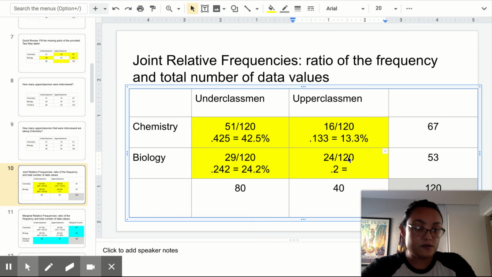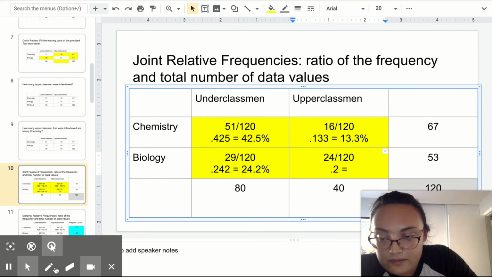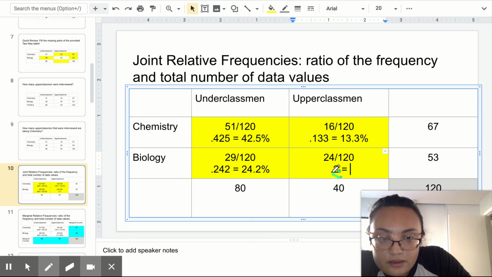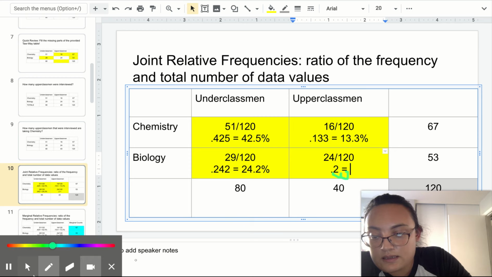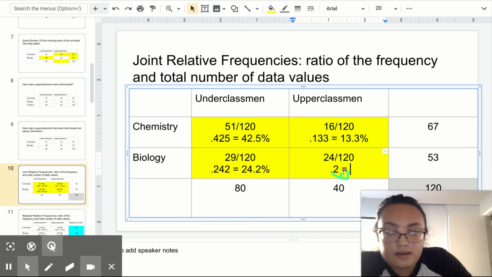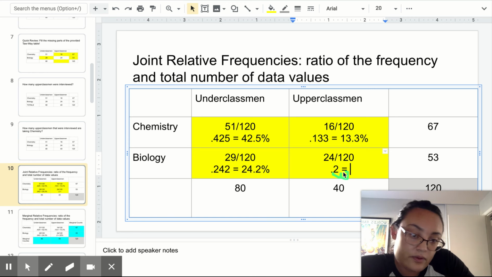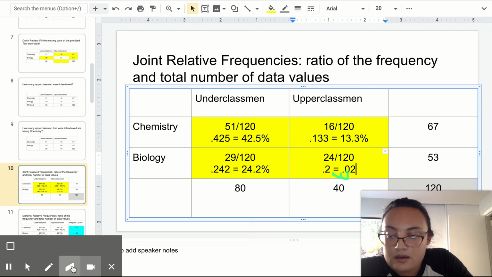Move your decimal twice. My decimal point is here, and I'm going to move it over 1, 2. Because I have this blank space, what I end up with is 0.02, because I took that decimal point and moved it 1, 2 times.